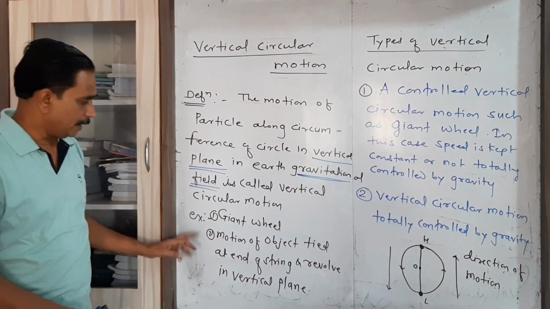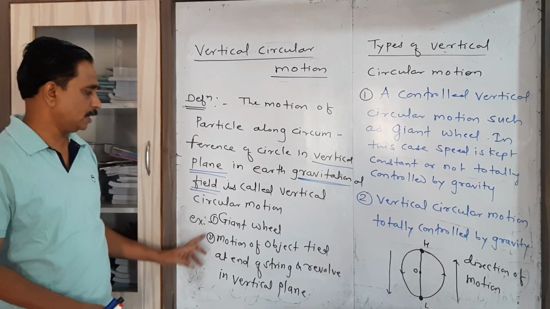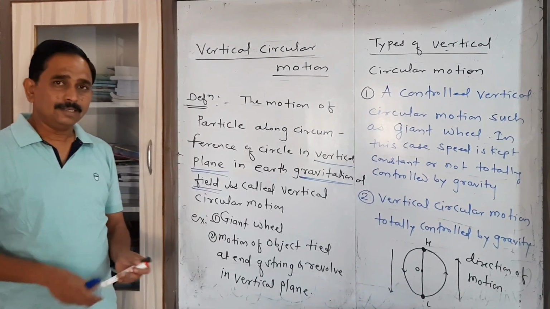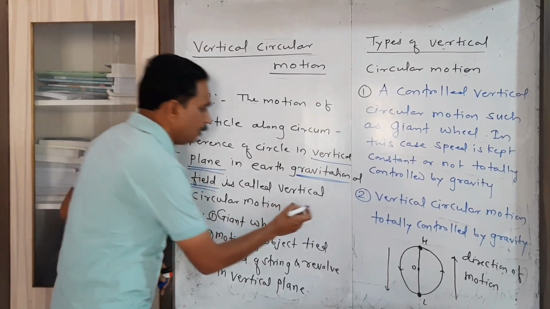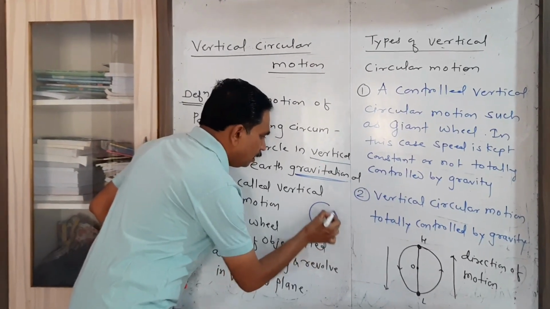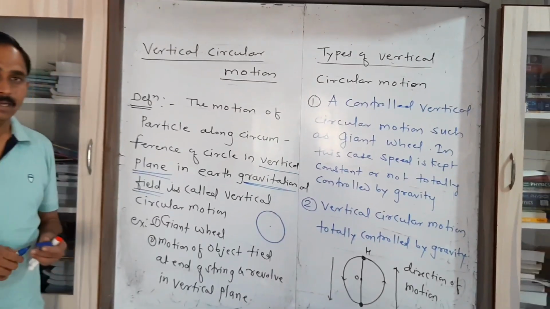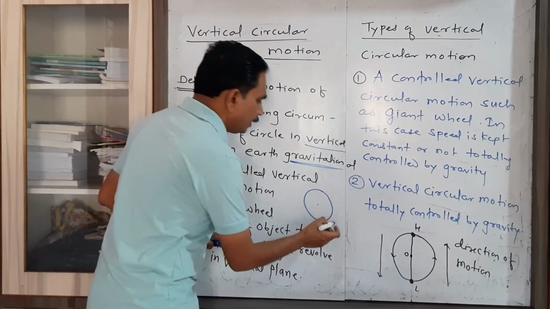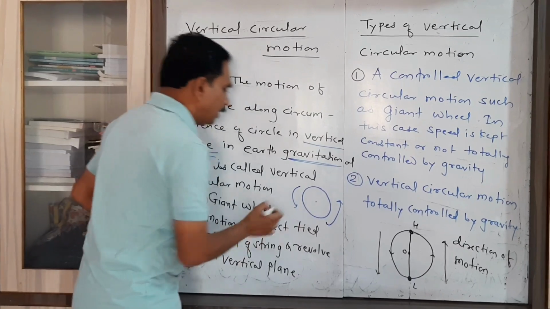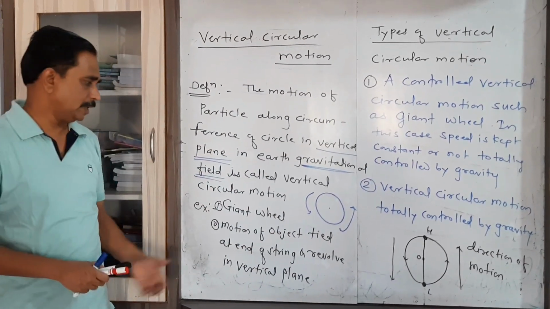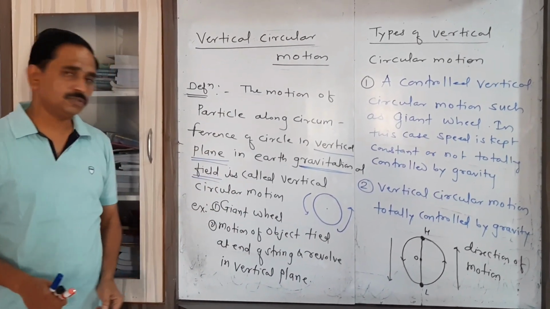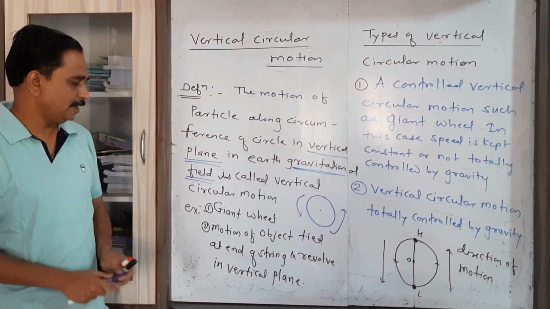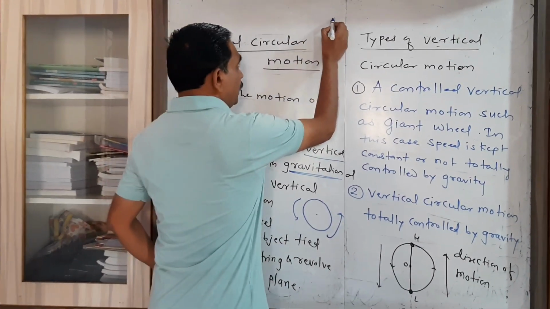Now here let us consider the example of vertical circular motion, that is the giant wheel. All of you experience, when sitting, that the giant wheel starts moving in a vertical plane. So that is also an example of vertical circular motion. And the second one is a very easy example.